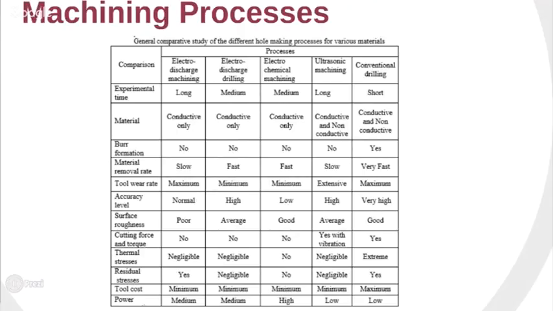Okay, this table basically represents a comparison between the conventional as well as the non-conventional machining processes related to metal matrix composites. Apart from this, this table gives you the scope of work in which you can focus your research area, like burr formation, how to reduce the burr formation in the conventional drilling process.